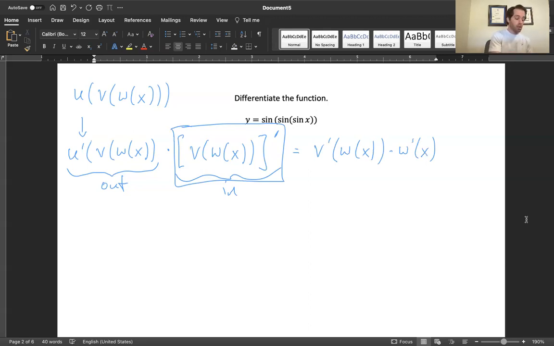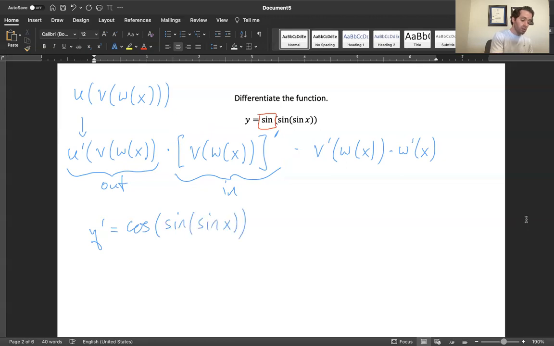In fact, it's easy. So y prime is going to be cosine, of, let me get a little bit of room around there. It's going to be cosine, by which I mean that I'm differentiating this one. It's going to be cosine of sine of x, where these things right here come from here. But now I need to multiply by the derivative of the inside of that.